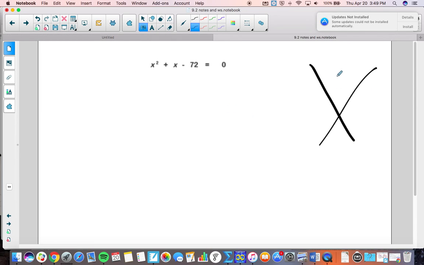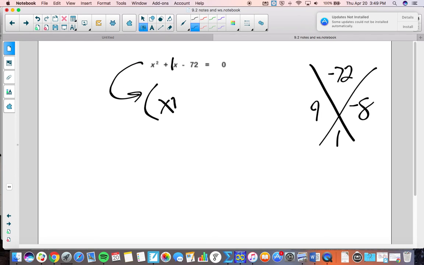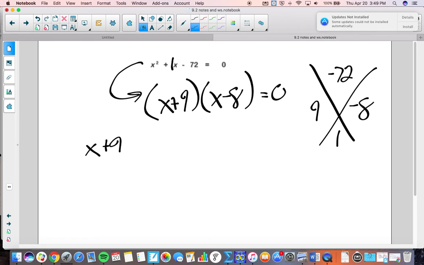And away we go. Negative 72. We're trying to add to positive 1, so 9 and negative 8. So we can rewrite this in factored form as x plus 9 times x minus 8 equals 0. So set each factored part equal to 0. Oops, I forgot to set this one equal to 0. Negative 9 makes that become 0.